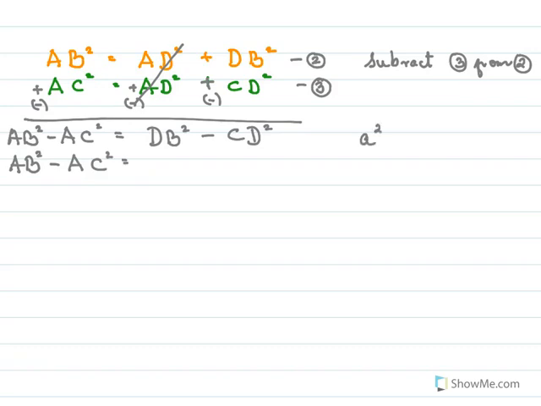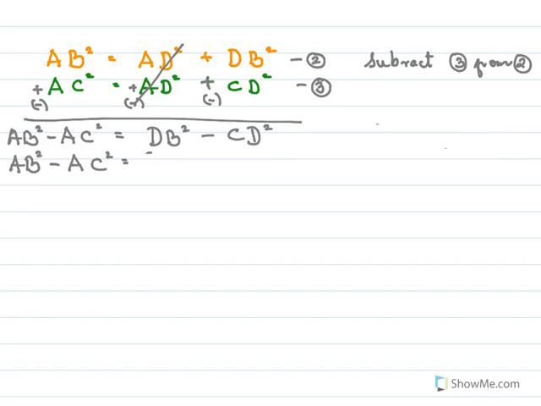Now do you recollect what was A square minus B square? A minus B, A plus B. So that would be DB minus CD and DB. No, we don't need to do this. We could just straight away substitute.